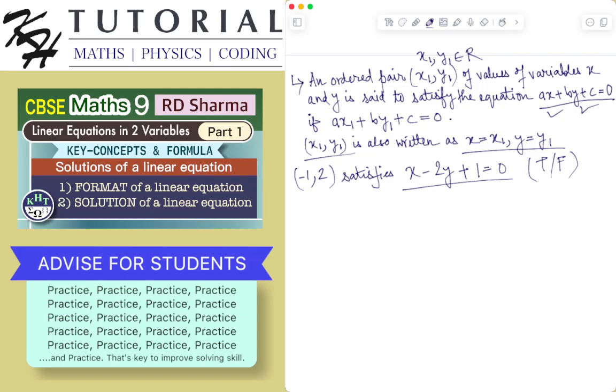Now substituting, LHS is equal to minus 1 minus 2 times 2 plus 1, which is minus 1 minus 4 plus 1, which is minus 4. This is not equal to 0. Therefore, the statement that minus 1 comma 2 satisfies the linear equation x minus 2y plus 1 equals 0 is a false statement.